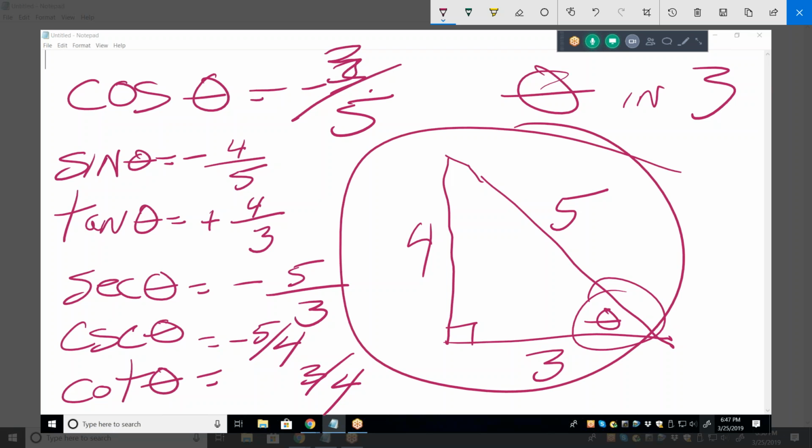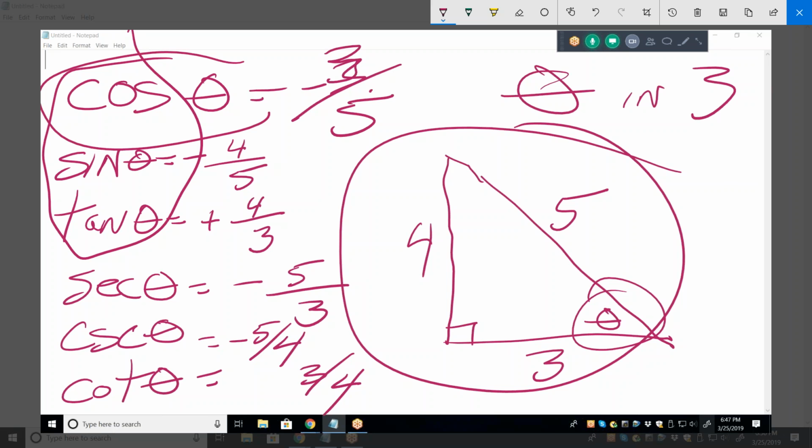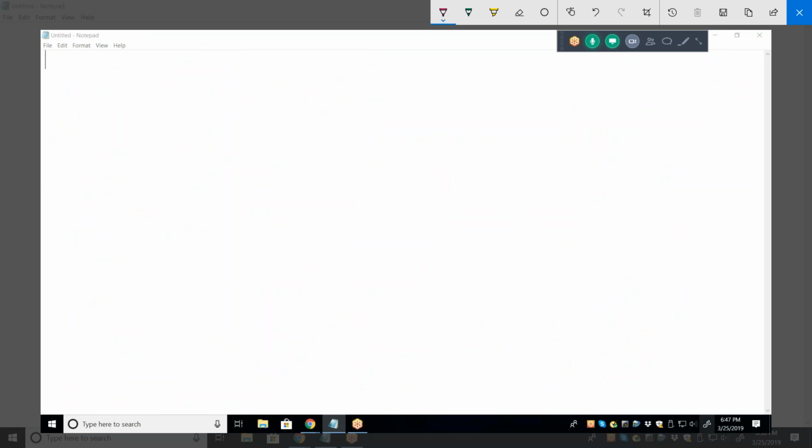I call them primary trig functions. There's nothing really primary about them, other than on the old calculators, those would be the only three keys you would have. You have an Inspire or a TI-84? TI-84. So those are the only three keys you have. If you want to figure out the secant, you have to take the reciprocal of whatever you get for the cosine. I don't think there's a key for those other three functions.